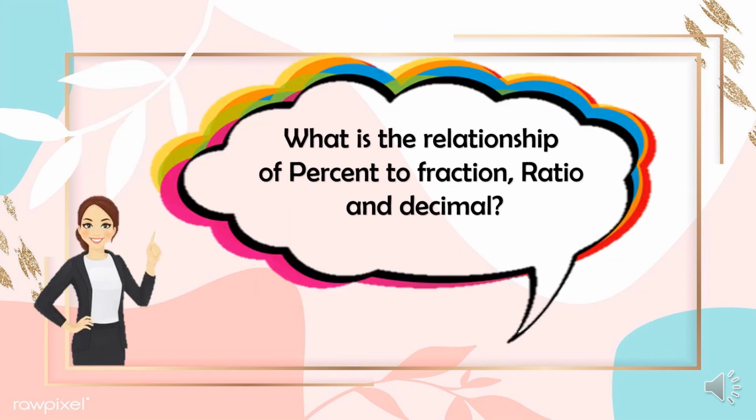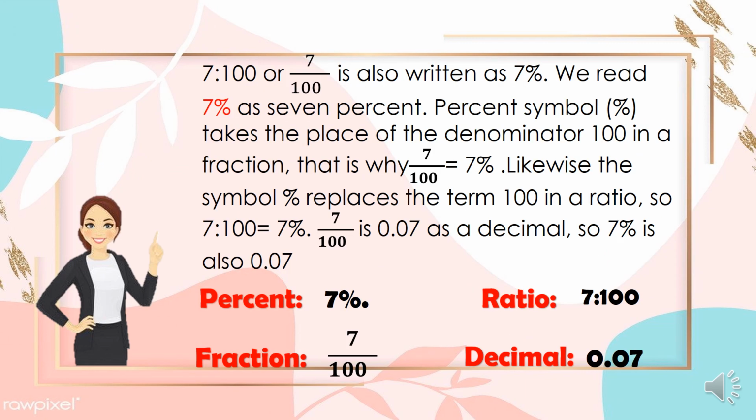Now, what is the relationship of percent to fraction, ratio, and decimal? 7 over 100 is also written as 7%. We read 7% as 7 percent. The percent symbol takes the place of the denominator 100 in a fraction. That is why 7 hundredths is equivalent to 7%.